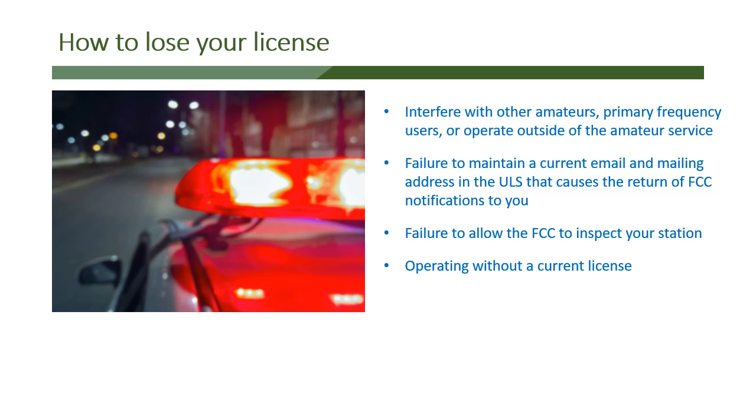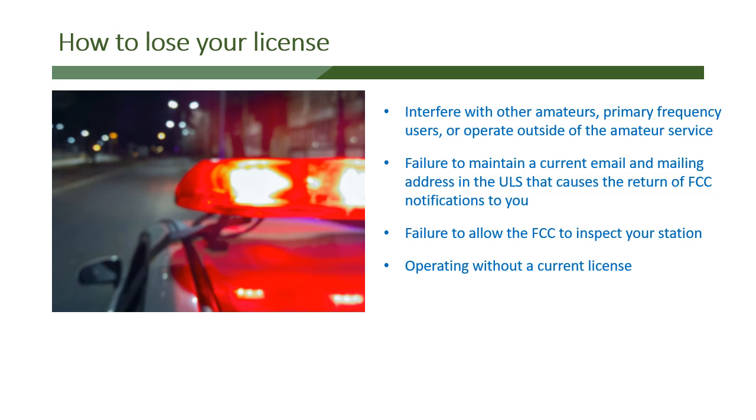And remember, when you have a license under Part 97, you're opening your station for inspection. Just your station, nothing else. So if they knock on your door and say, hey, we want to inspect your station, technically they can do that. Now, do they do that? Only if you've been a blatant, repeated person who's interfering and not responding to their emails and mailing addresses for cease and desist.